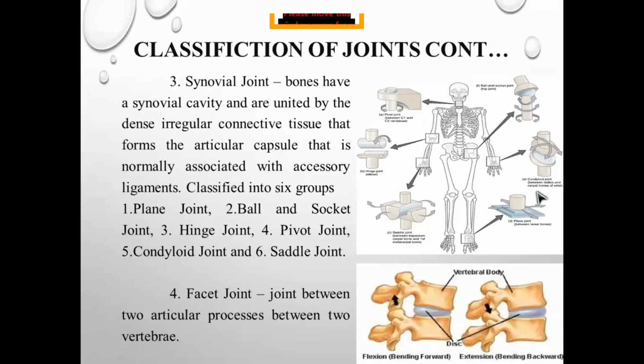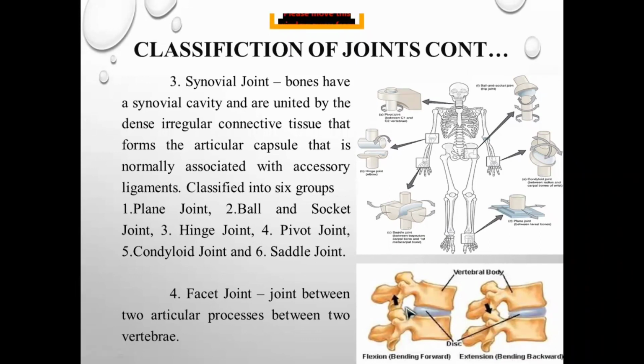Next is the facet joint. This is a joint between the two articular processes of two vertebrae. So this is the joint between the two vertebrae, not here. This is going to be a disc, a vertebral disc here. Here, this is a joint where your irregular bones of the vertebral column meet, which we call the facet joint.